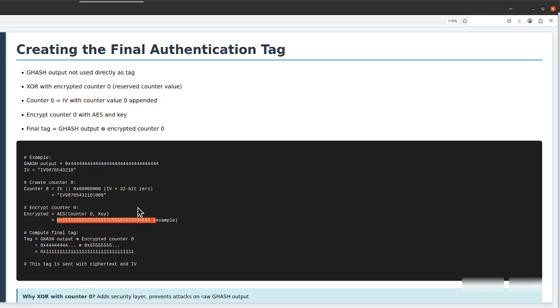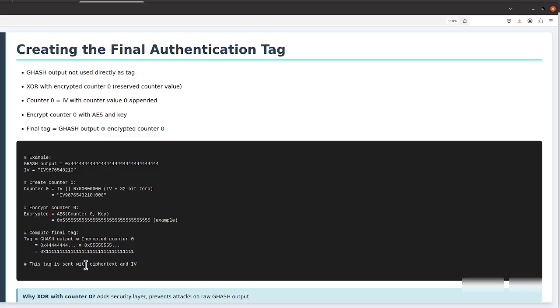Now we XOR the GHASH output with this keystream. In our running example, GHASH output is 0x55...55, and the keystream is 0x77...77. The XOR is 0x22...22. This is our final authentication tag. This tag is what gets sent along with the ciphertext and IV.